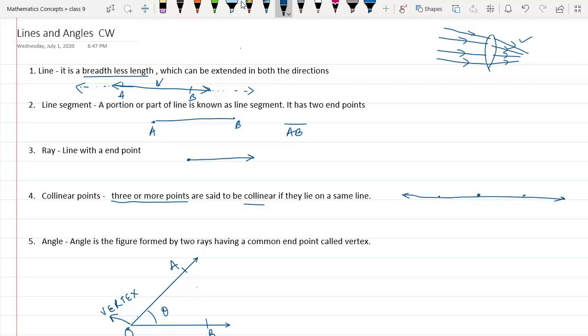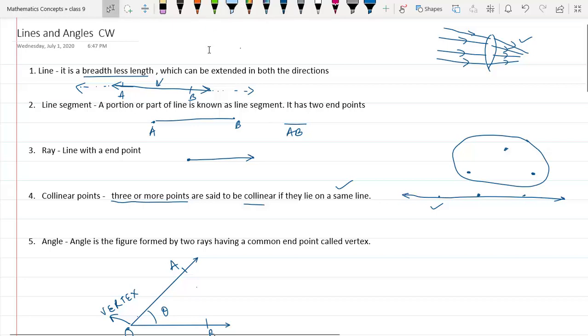But if I draw points like this, there is no line which can pass through these 3 points. You would have to draw 2 lines. No single line can pass through these 3 points. Hence these 3 points are non-collinear and these 3 are collinear. Similarly, you can define non-collinear as per this definition.